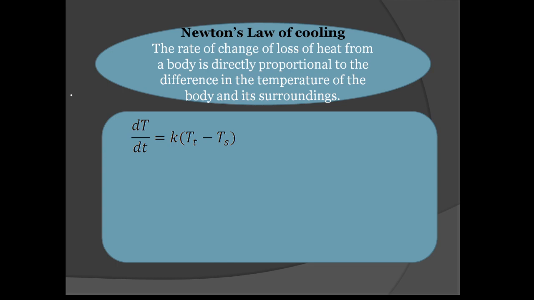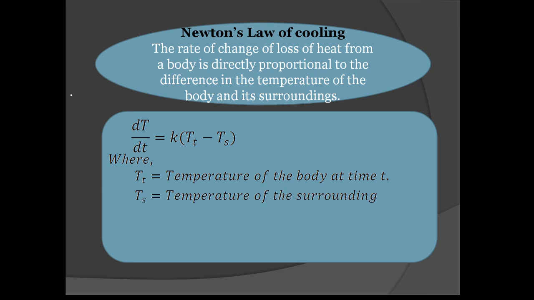Here, capital T represents the temperature and small t represents the time. T_t is the temperature of the body at time t, and Ts represents the temperature of the surroundings, and k represents the constant.